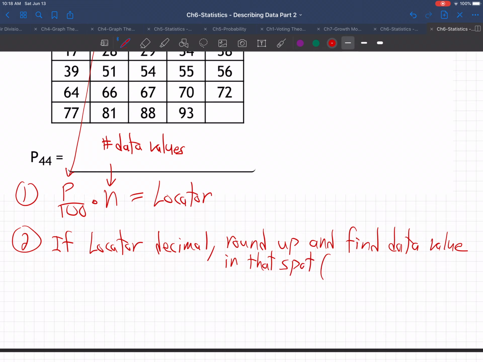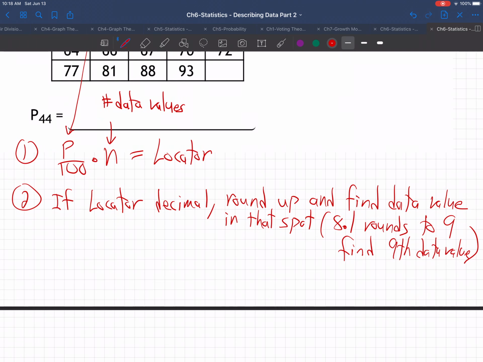So for example, 8.1 rounds to 9, find the 9th data value. So again, it's just a locator. It just points you to where you go find the data value.